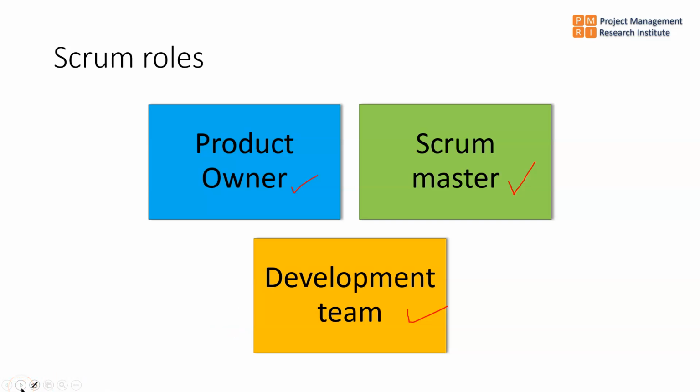And here you may not see a project manager role. By and large, the Scrum Master performs that role, and it is a self-organizing team. So command and control is not there. It is more about a servant leader and collaboration and stuff like that.